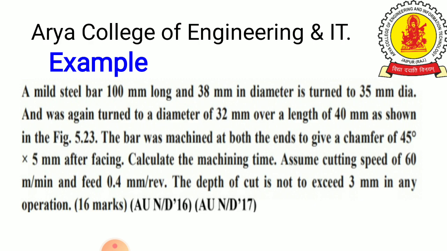Now the bar was machined at both ends to give a chamfer of 45 degrees by 5 mm after facing. Calculate the machining time, assuming a cutting speed of 60 meters per minute and feed 0.4 mm per revolution, and depth of cut not to exceed 3 mm in any operation.